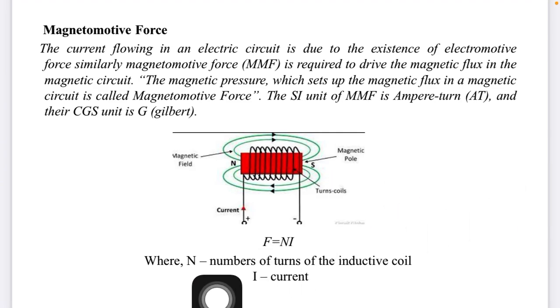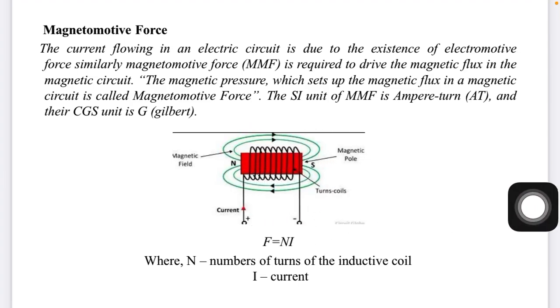In which N indicates the number of turns, and I is the current which flows through it. You can clearly see the green line, which indicates the magnetic field flowing from N to S side, and here are the windings, denoted by N. So Ni is exactly equal to F.